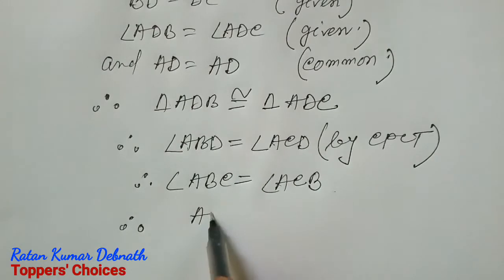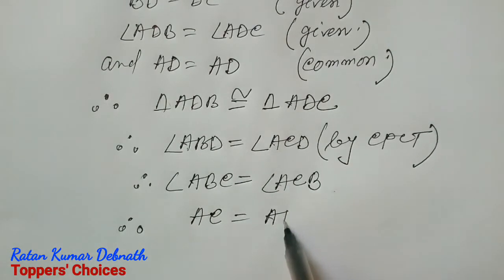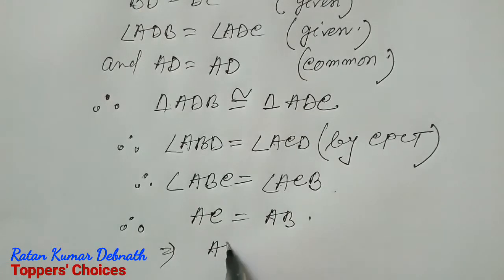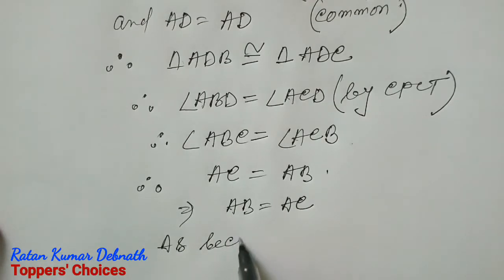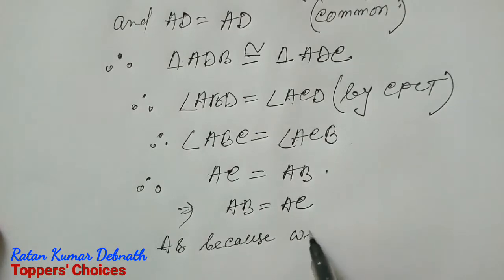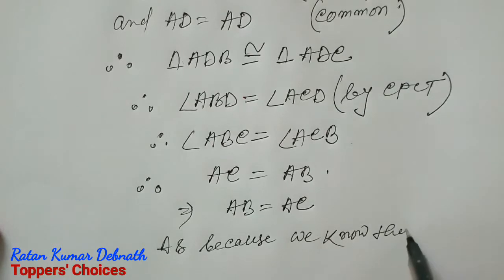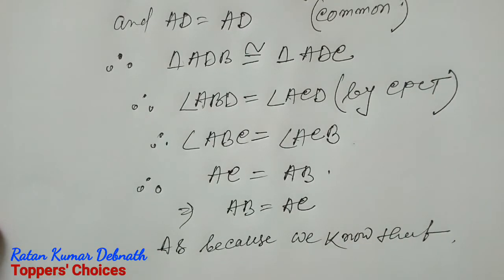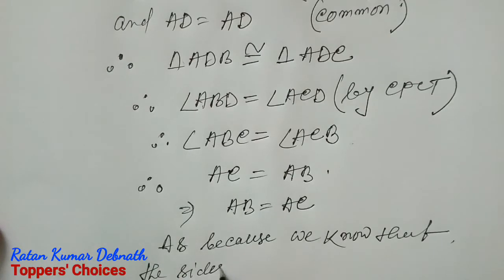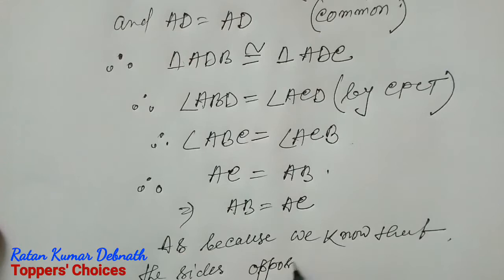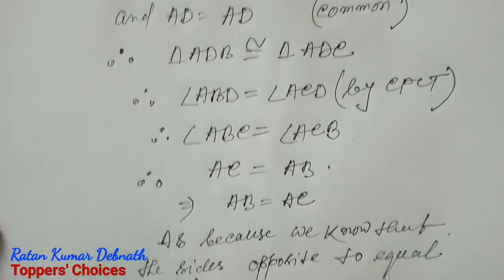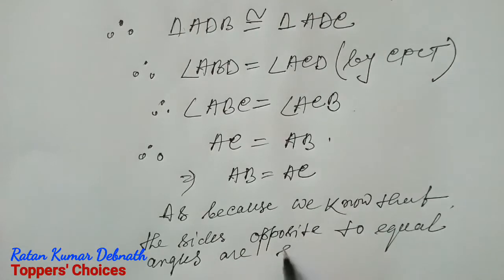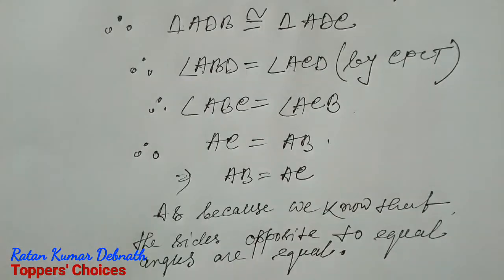Therefore, AC equals to AB, or AB equals to AC, because according to the theorem 7.3, the sides opposite to equal angles are equal.